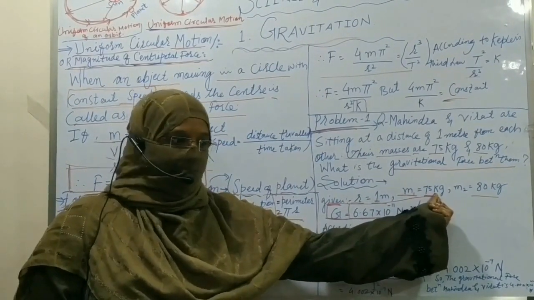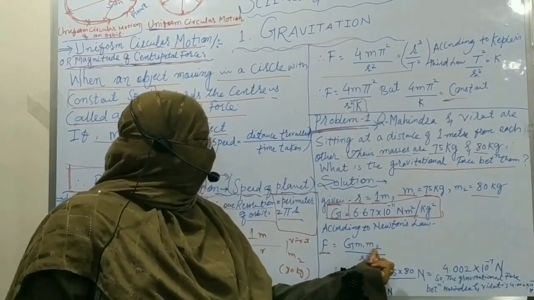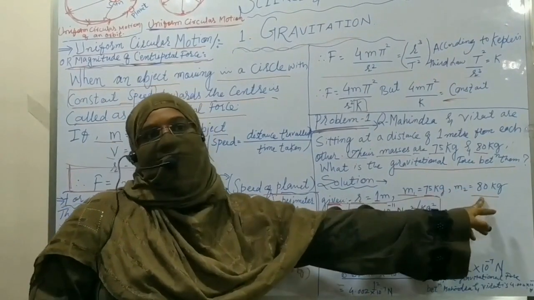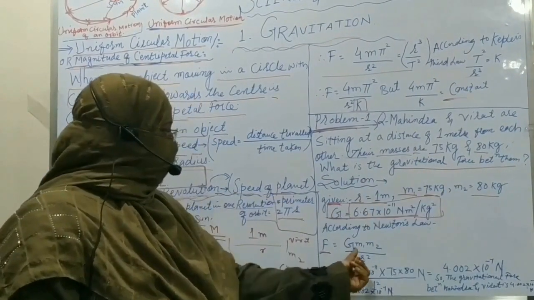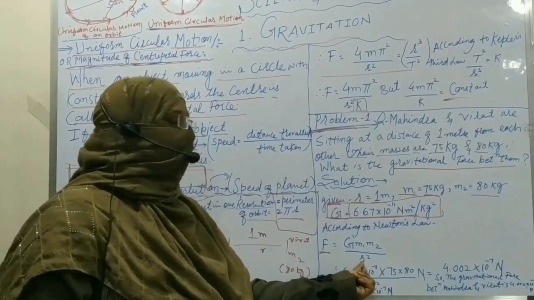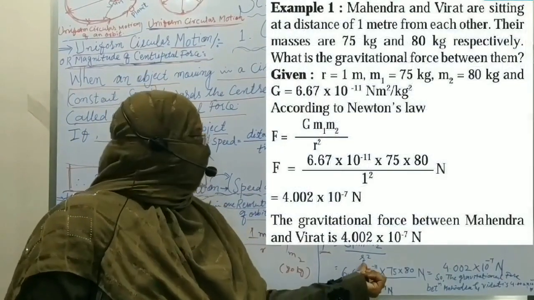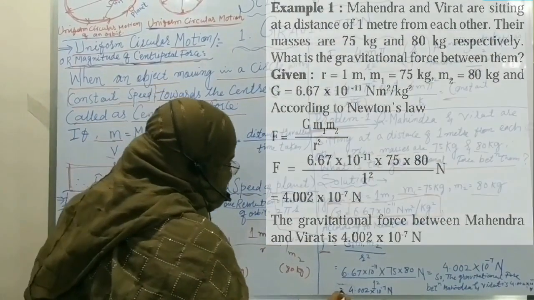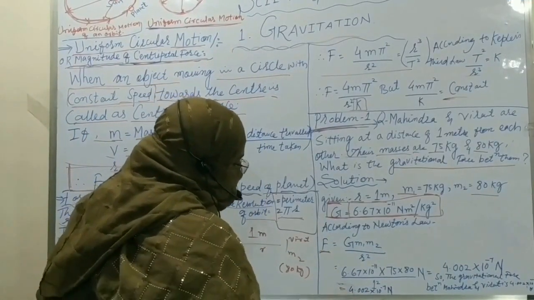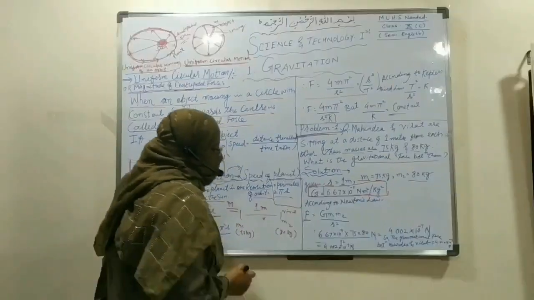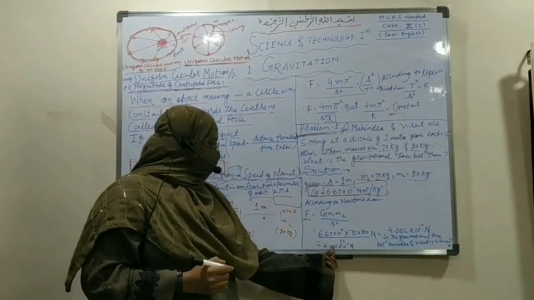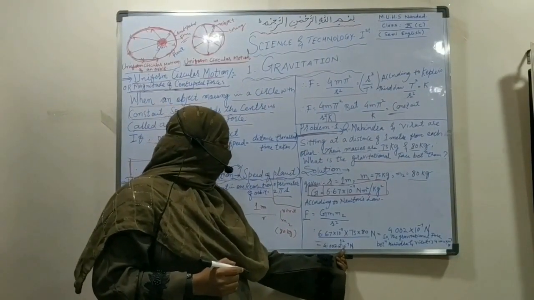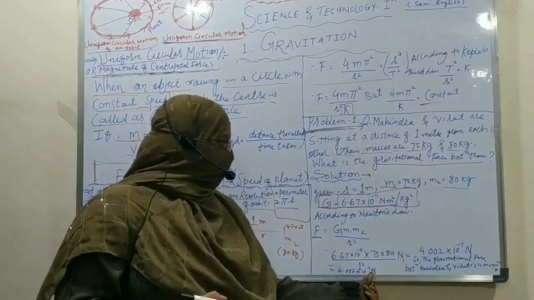M1 is 75 kilogram, into M2. What is the value of M2? That is 80 kilogram, divided by R square. R is the distance, given as 1 meter. So we calculate this value and we get the answer 4.002 into 10 raised to minus 7 Newton.